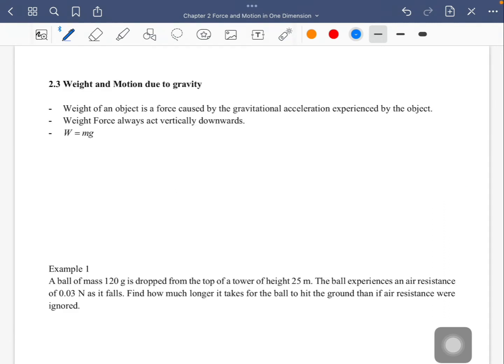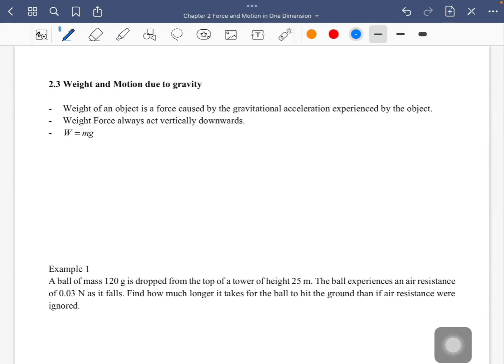Next subtopic is 2.3: weight and motion due to gravity. In the previous chapter 1, we discussed vertical motion, motion under gravity. But in that chapter, we did not have a force on an object, because the object just moves freely under gravitational acceleration.